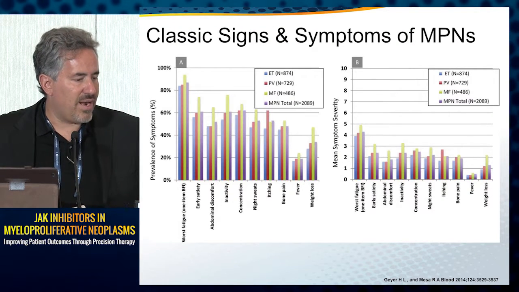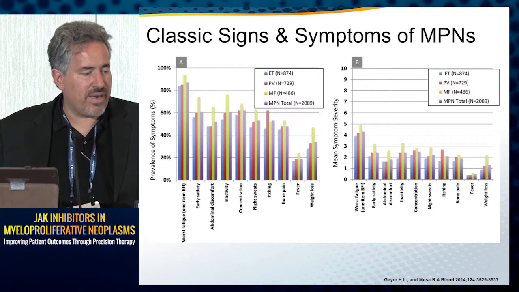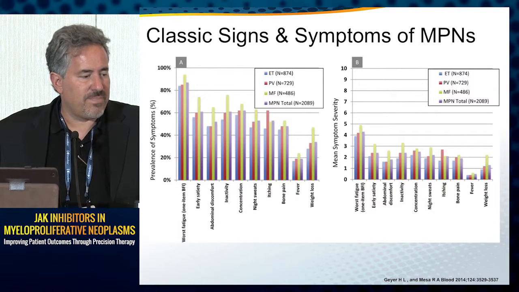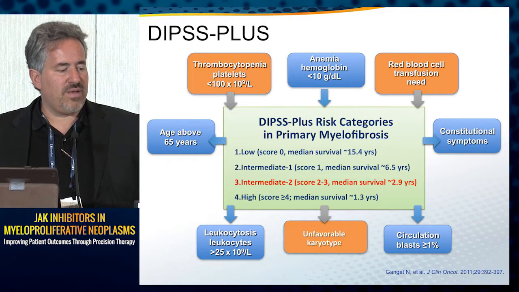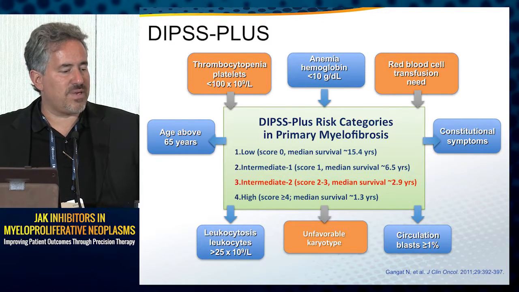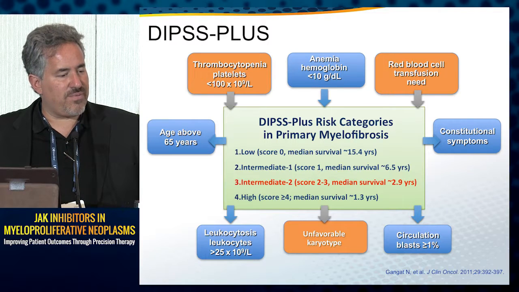Serge had highlighted before how we have had a great interest in understanding the impact of signs and symptoms, and they need to be weighed and put in context of the other burdens. Now, cytopenias clearly have had an impact on assessment of risk, specifically with myelofibrosis.